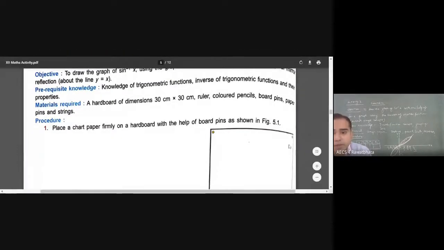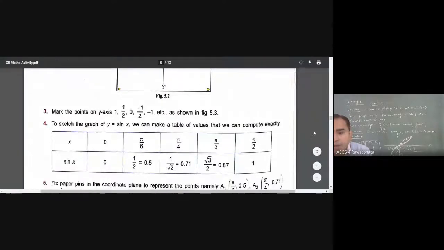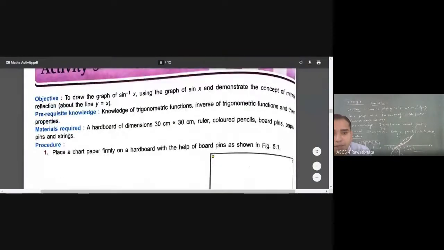Yeah, students. You can see this is the activity. This objective to draw the graph of sine inverse x using the sine x graph.